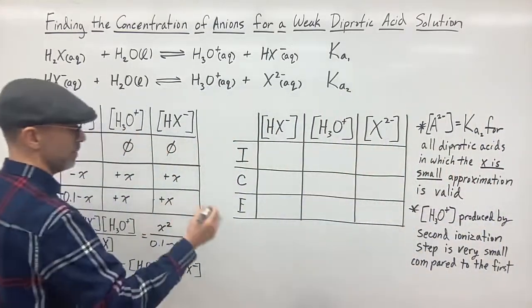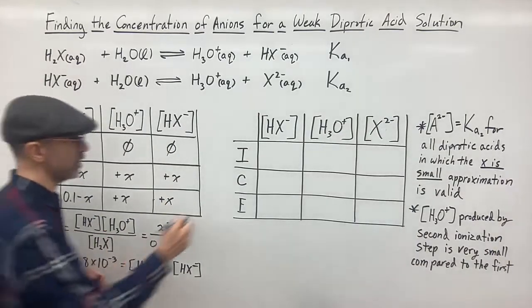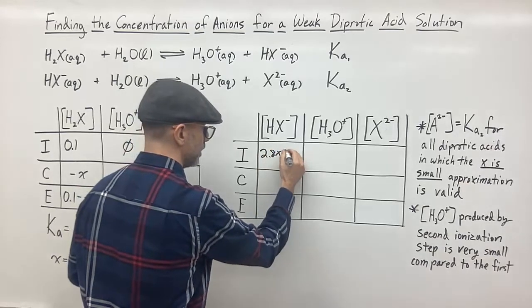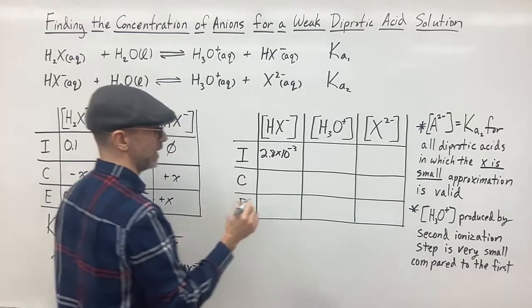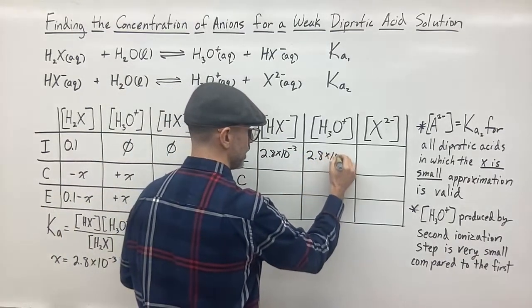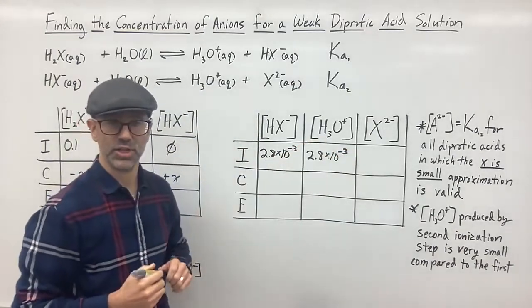So here, I'm going to put in 2.8 times 10 to the negative 3 for my initial HX minus concentration, and 2.8 times 10 to the negative 3 for my H plus concentration there.